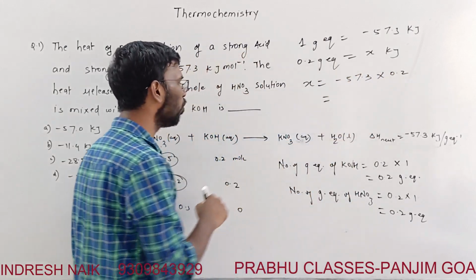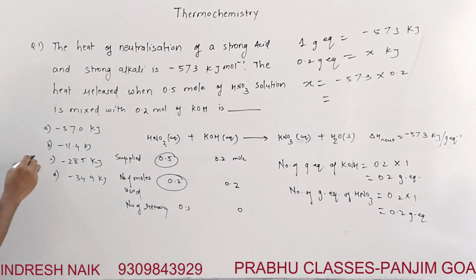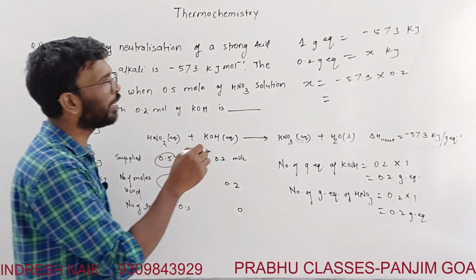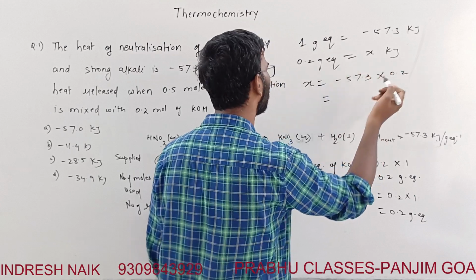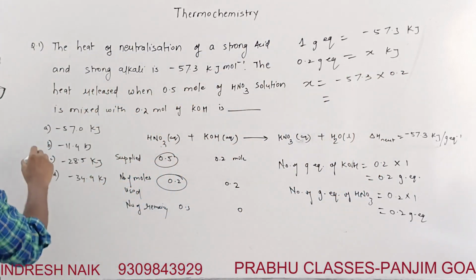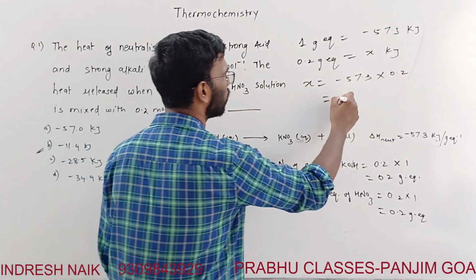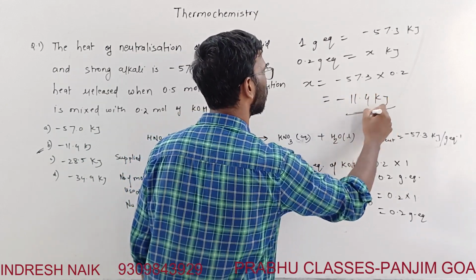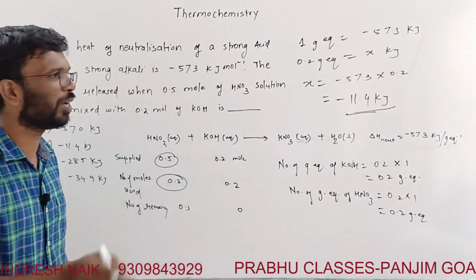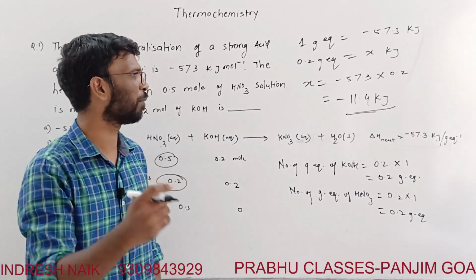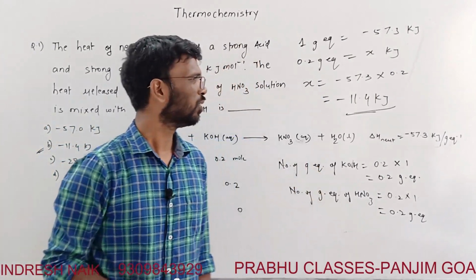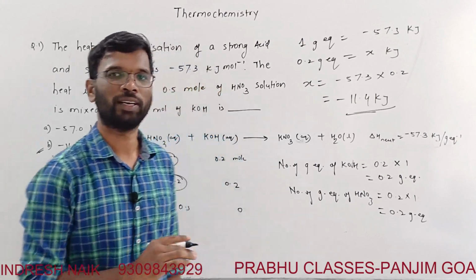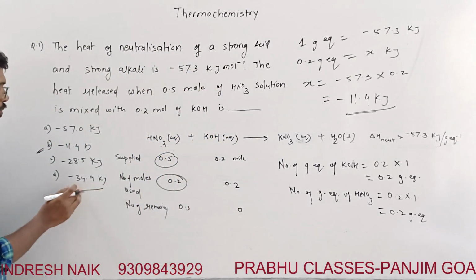If you multiply this, I guess option B will be the closest answer. So this is minus 11.4 kilojoules. It is not per gram equivalent because it is not 1 gram equivalent, it is 0.2, no? So it is written 11.4 kilojoules only. So the answer is option B.